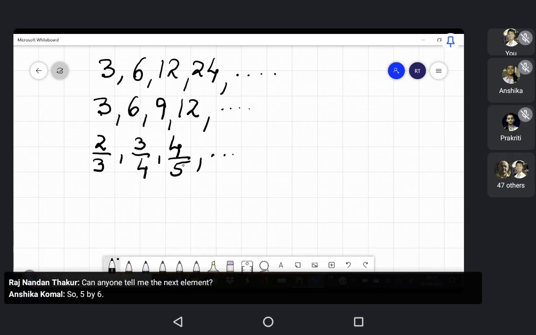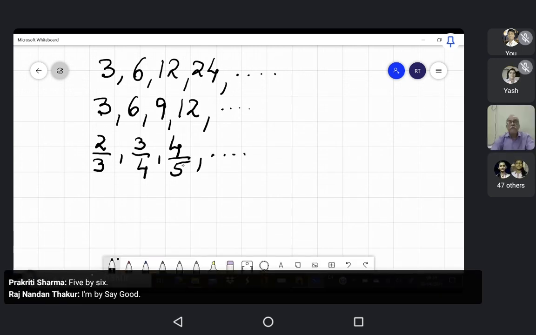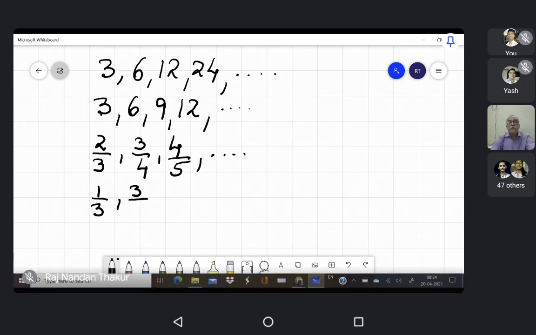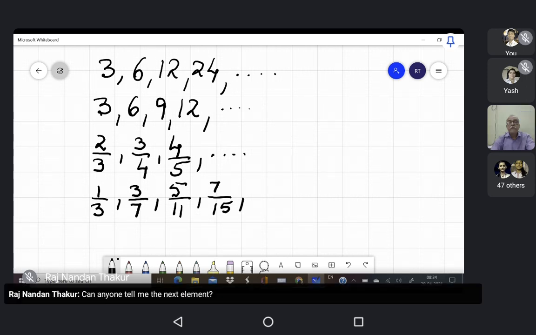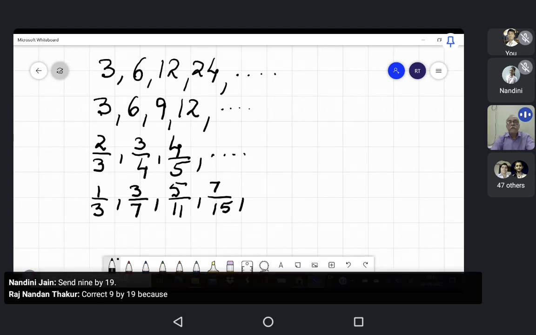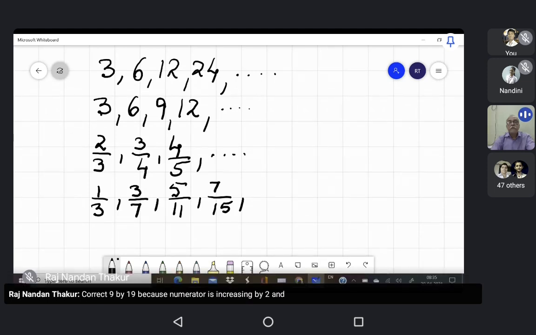So 5 by 6. Good. Can anyone tell me the next element? Then 9 by 19. Correct. 9 by 19, because the numerator is increasing by 2 and the denominator is increasing by 4.